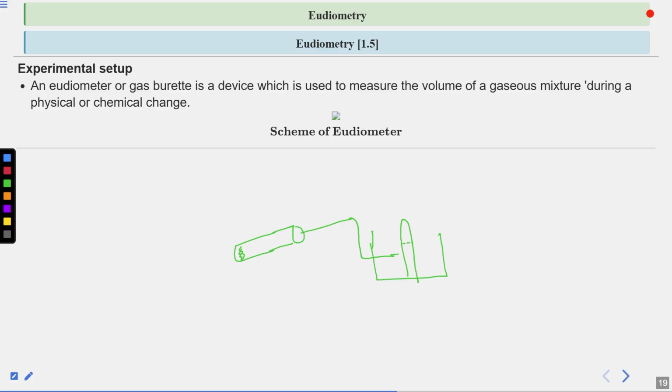Now after burning, there will be accumulation of gas here. This gas will travel through this and go into the burette and get collected at the top. Initially, in this burette, we have only the solvent or the absorbent present inside it.